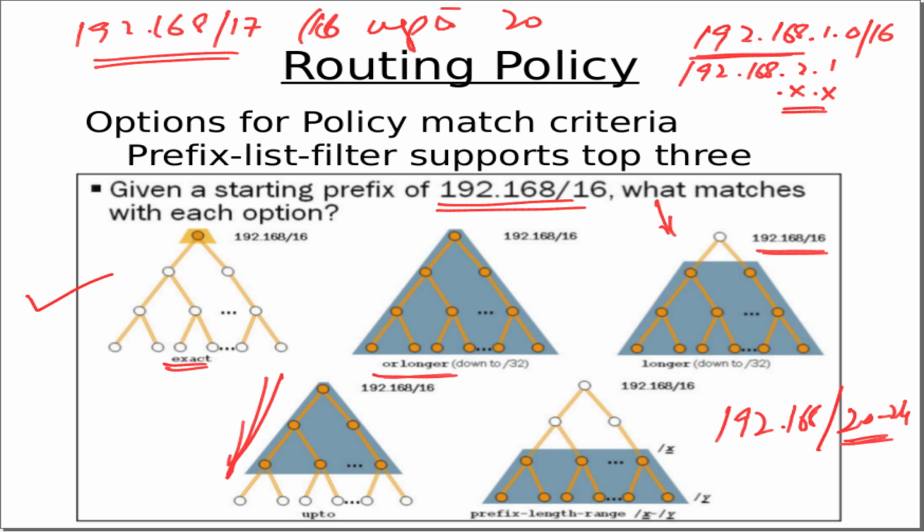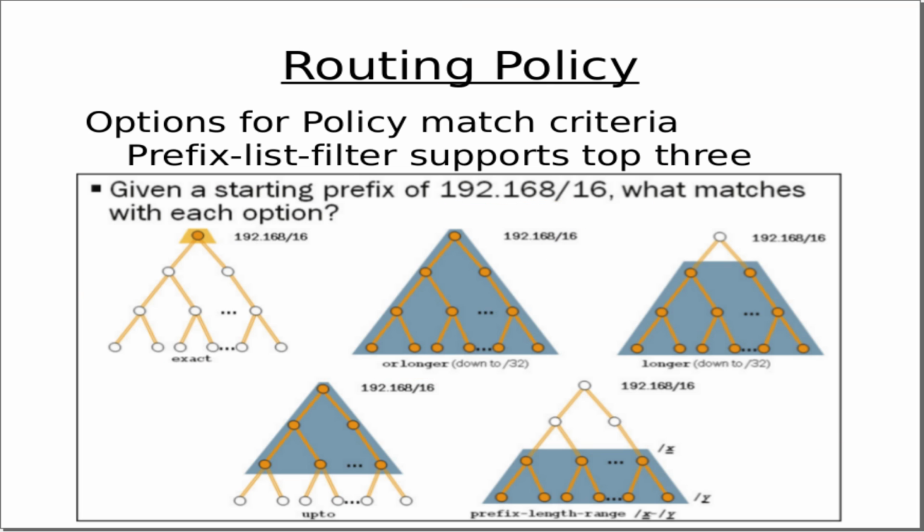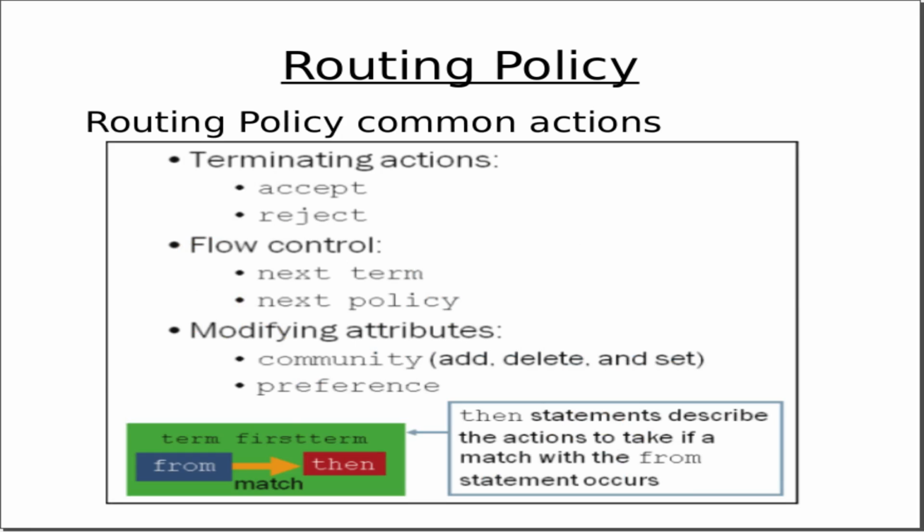Now as far as actions, and terminating actions I should say, are concerned, if a packet is matched, then we can accept the packet or we can reject it as well. Or if we do not want a terminating action against a particular criteria, then we can define that if it is matched against a certain term, then it should not be taken into a terminating action.